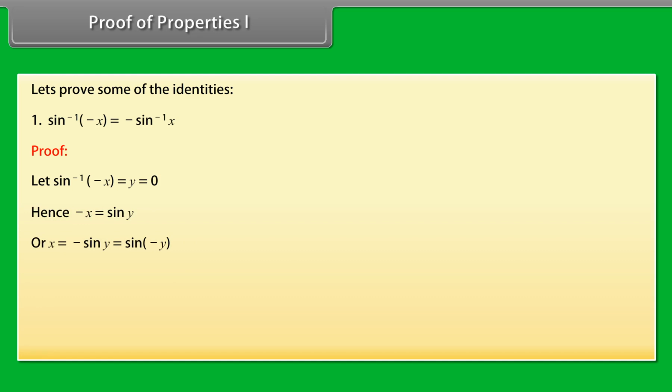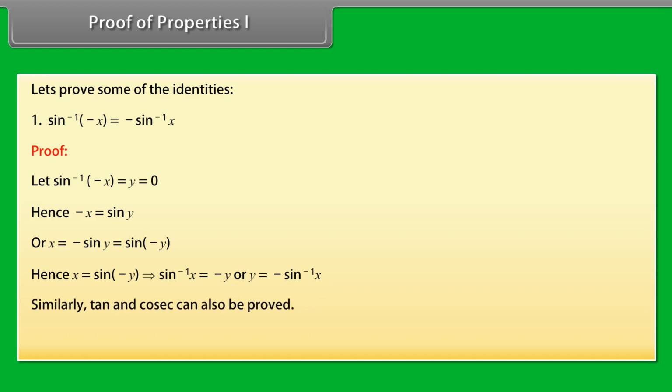Or, x is equal to minus sine y, which is sine minus y. It implies that sine inverse x is equal to minus y, or y is equal to minus sine inverse x. Similarly, tan and cosec can also be proved.